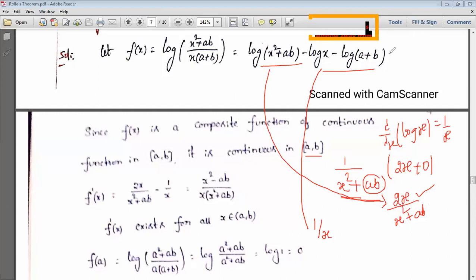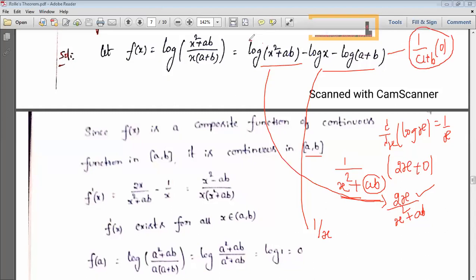And what is the derivative of log of a plus b? It is 1 by a plus b times the derivative of a plus b, which is 0, because a is a constant and b is also a constant, so the derivative is completely 0.